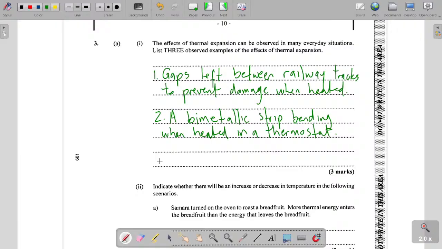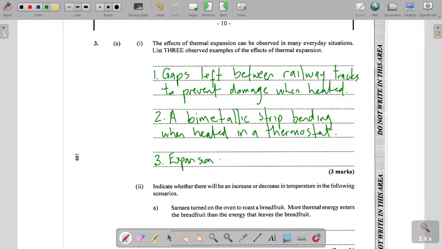And then finally, if you observe a thermometer, you realize that it utilizes the concept of thermal expansion in order for us to measure temperature. So what we can put here is expansion, or you could say increase in volume of liquid in thermometers.